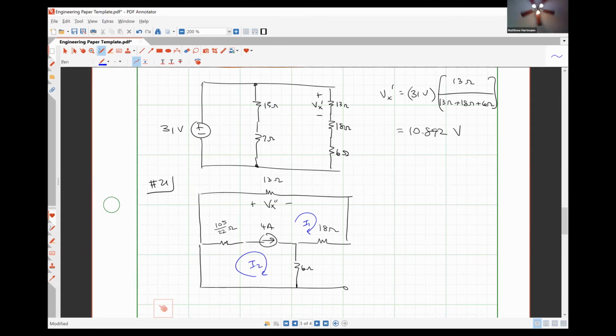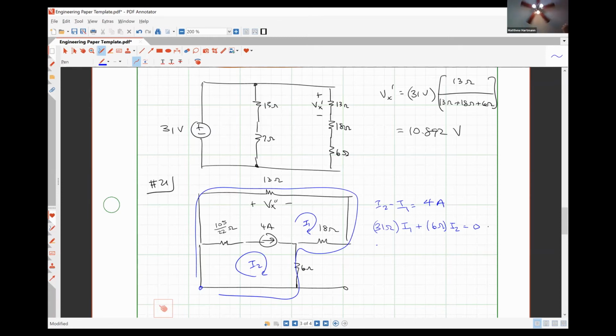So I know that I2 minus I1 is going to be 4 amps. I know that, let's see, if I start here and go clockwise around this loop, I'm going to have 13 plus 18, so let's call it 31 ohms times I1 plus 6 ohms times I2 is equal to 0.